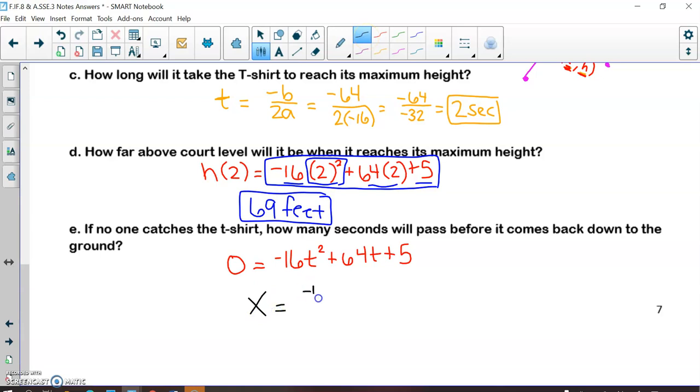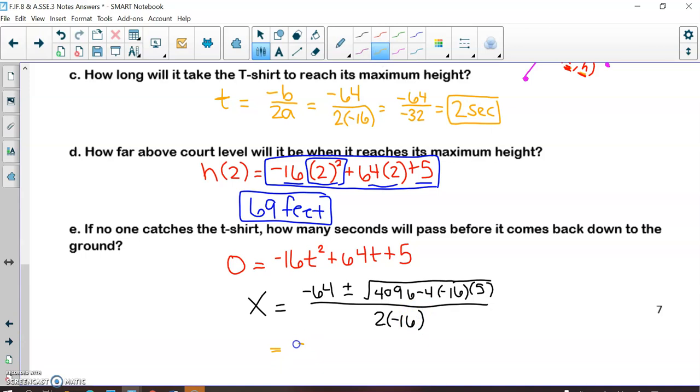X is equal to the opposite of my b value plus or minus the square root of b squared, which is 64 squared, is a 4,096, minus 4 times my a value of negative 16 times my c value of 5. And this is all over 2 times my a value of negative 16.